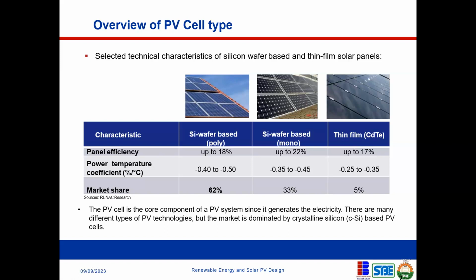So it might be well suited in a high temperature region where the sun is hot. You might want to consider the use of thin film. That is when you consider that this high temperature might significantly reduce the effectiveness of your monocrystalline or polycrystalline panels.